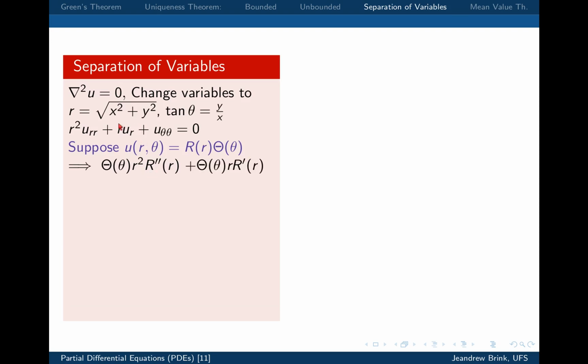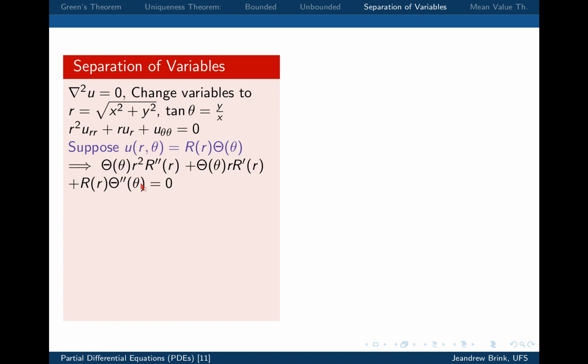The second term is simply r times the derivative of u with respect to r, so it only hits the r function, so you have theta times r prime. And the last one is simply the second derivative with respect to theta, so you have the function of r times the second derivative of the theta function with respect to theta.